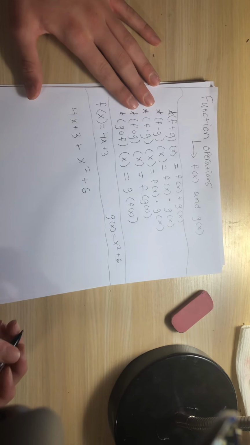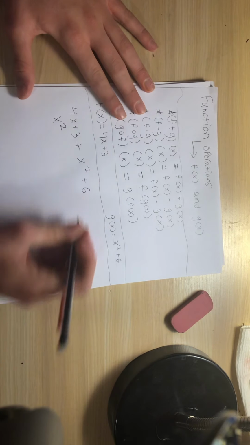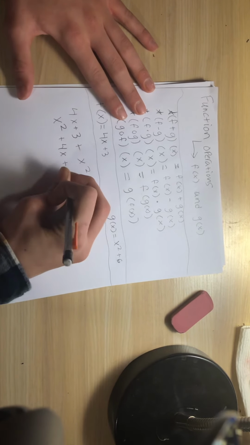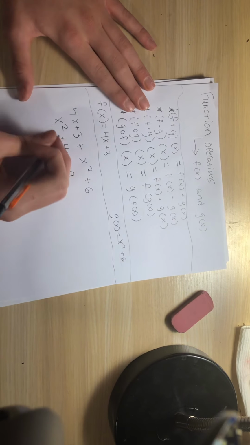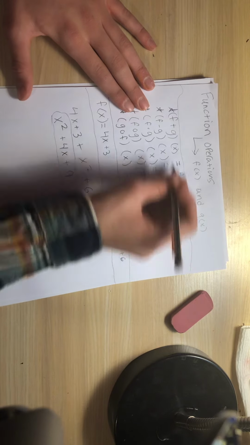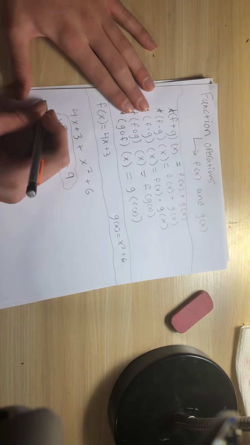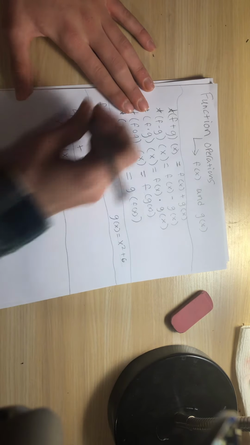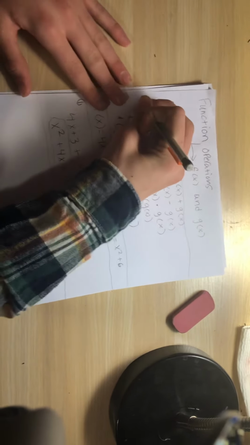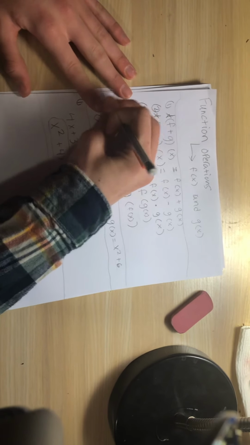If you just do that simple math and combine like terms, you get x squared plus 4x plus 9. That would be the answer for this equation right here. It's a lot less complicated than it looks, doesn't it? So I'll number these: this is number 1, and let's number them 1, 2, 3, 4, 5.